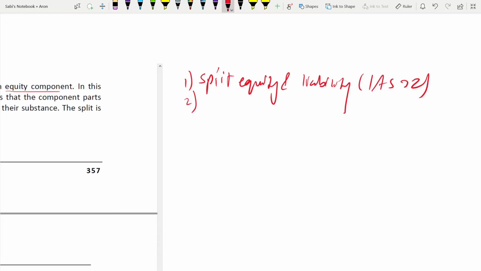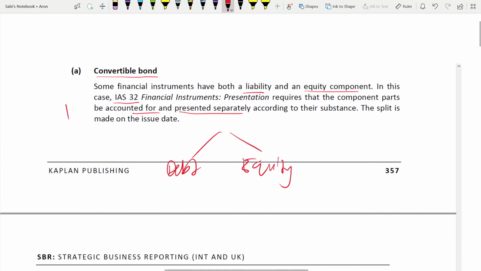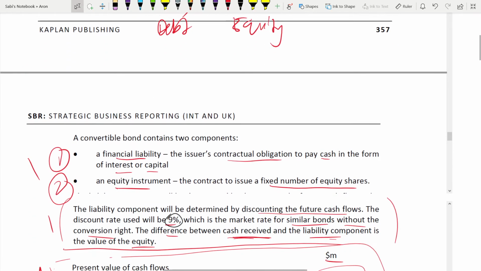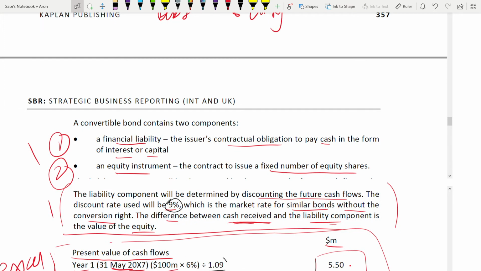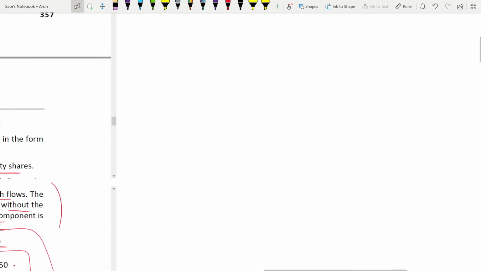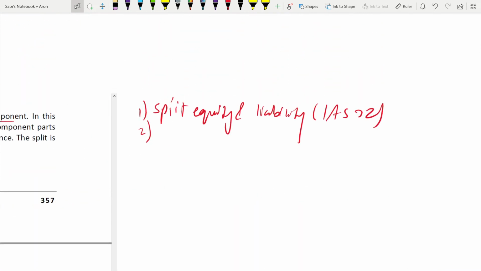Second, just count, 1 mark for each. There should be 9 points. Don't check my wording, it could be more or less. Financial liability and equity instrument, definition of liability and equity.